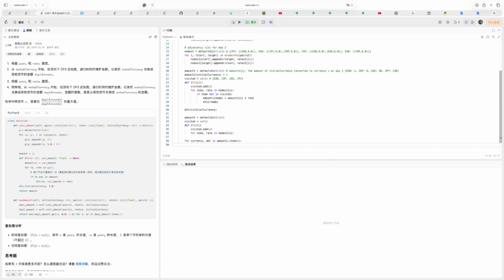So now we'll have DFS2 with the currency and amount.